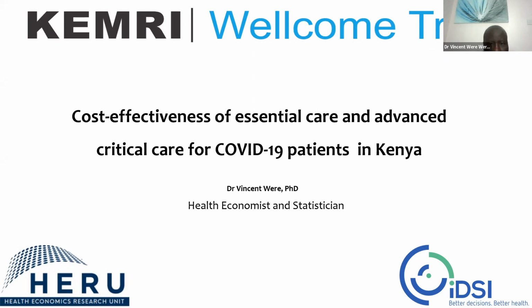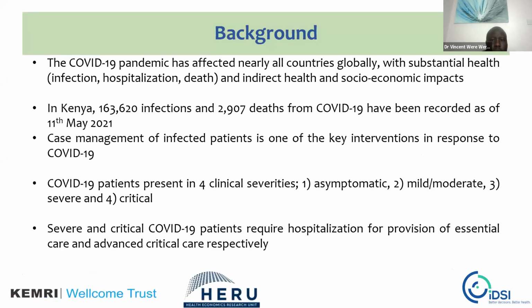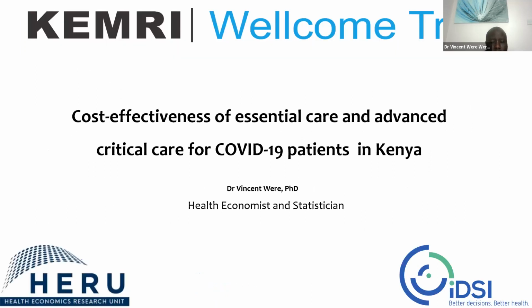We don't have a specific disease program, so this example should be able to align. In this particular study, we were concerned with the cost of providing essential care versus critical care. As we know, when COVID came, a lot of patients were getting admitted in the hospitals, and there was a decision the government needed.